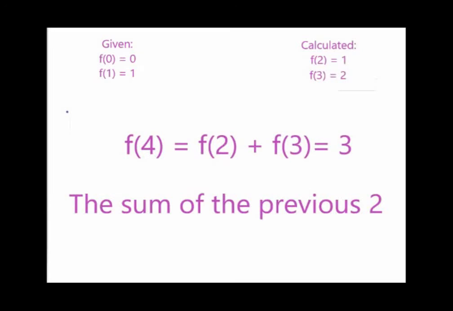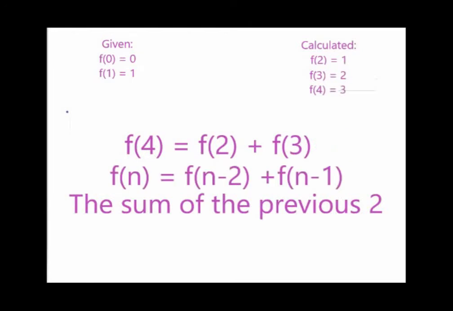We continue that same process. To calculate f of 4, we need f of 2 plus f of 3, which is 3. By now you should have figured out the pattern and be able to come up with the formula for f of n.